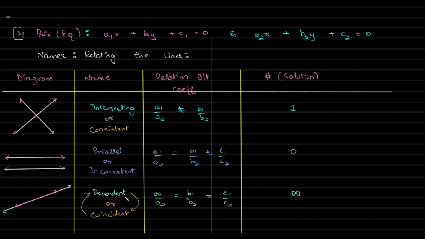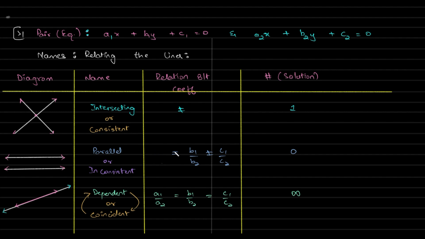Okay, so we need to remember all of this. First advice from my end to you guys is, if someone asks you what is the condition for intersecting or consistent, just tell not equals to. Okay, a1 by a2 is not equal to b1 by b2, so instead of that, just say not equals to.